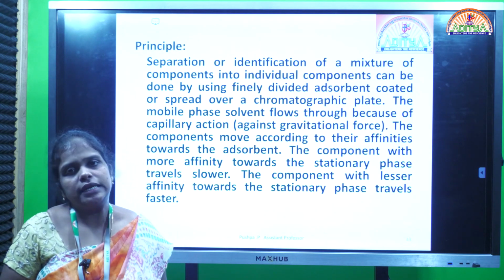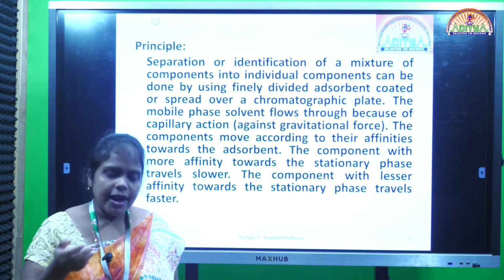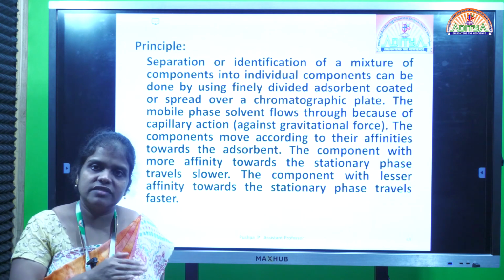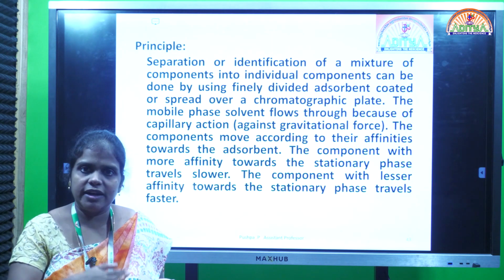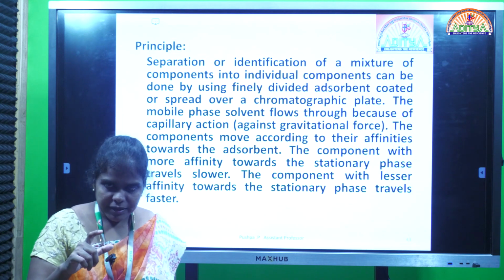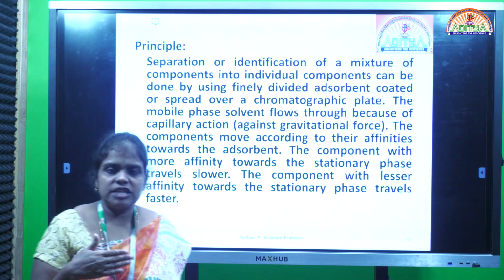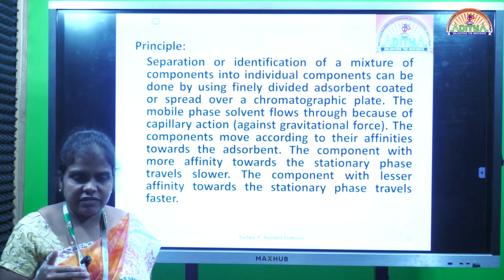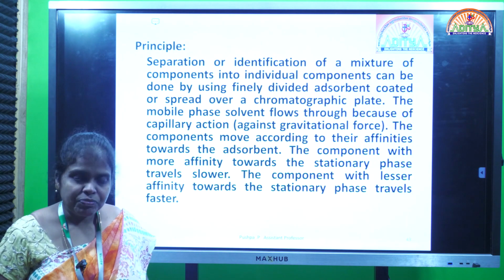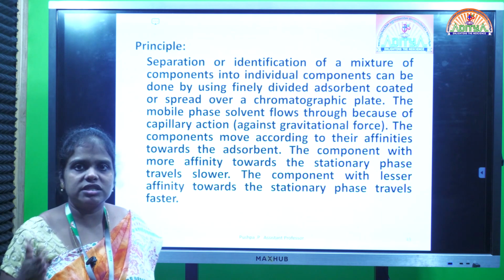You have to take the silica gel and mix it with some solvent or mobile phase, and spread that adsorbent, the stationary phase mixed with the solvent, uniformly on the glass plate or aluminum plate. Anyway, we will discuss that in the procedure, but how the separation takes place you have to know in the principle itself. That's why I am telling you: first take the glass plate or aluminum plate, and on that spread the thin layer of adsorbent or stationary phase.